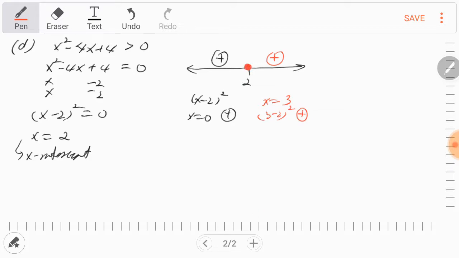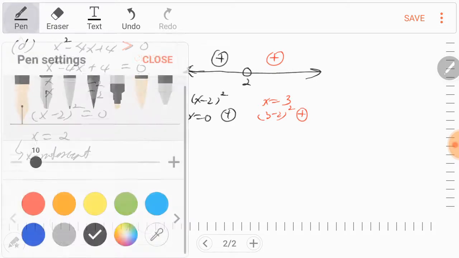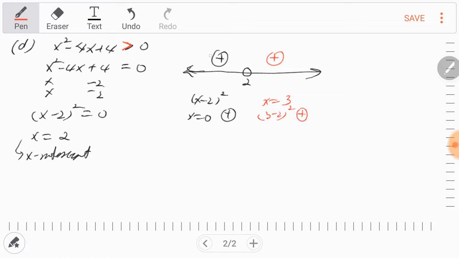All right, then we are looking for what? Greater than 0. There's no equal sign. So in order for this to be greater than 0, okay, for x equals 2, then y equals 0, right? So the greater than 0 is what? You know, the positive part.